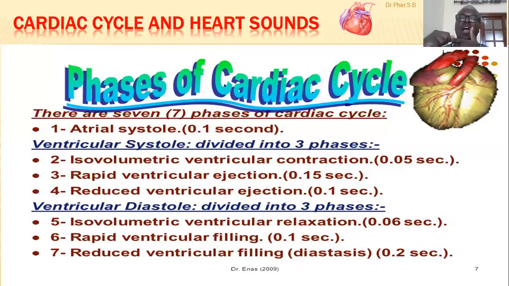Phase 5, isovolumetric ventricular relaxation. Then phase 6, rapid ventricular filling, and phase 7, which is called reduced ventricular filling. So these are the 7 steps or 7 phases that are involved in the cardiac cycle. You need to be able to explain each and every phase in detail.